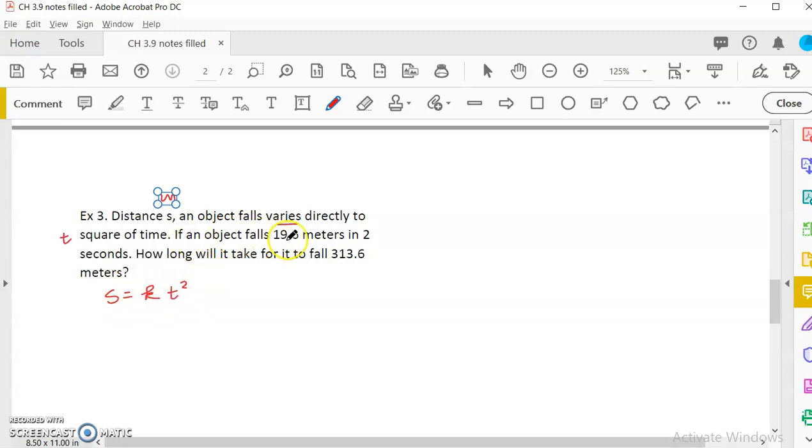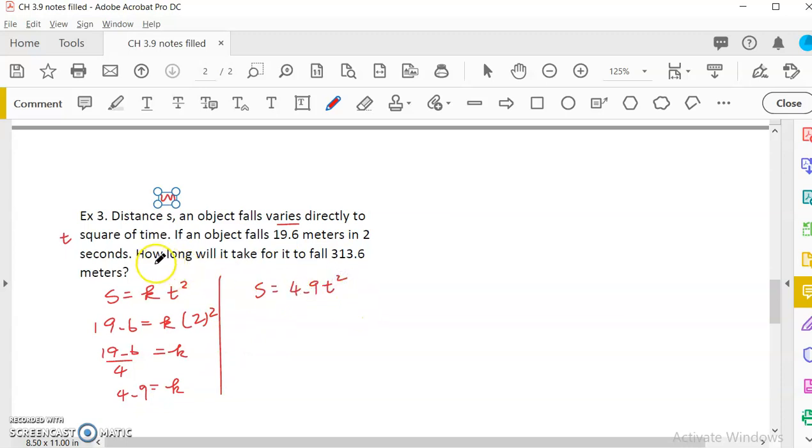If the object falls 19.6 meters in 2 seconds, then 19.6 equals k times 2 squared. So k equals 19.6 divided by 4, which is 4.9. So we have the equation: distance s equals 4.9 t squared.